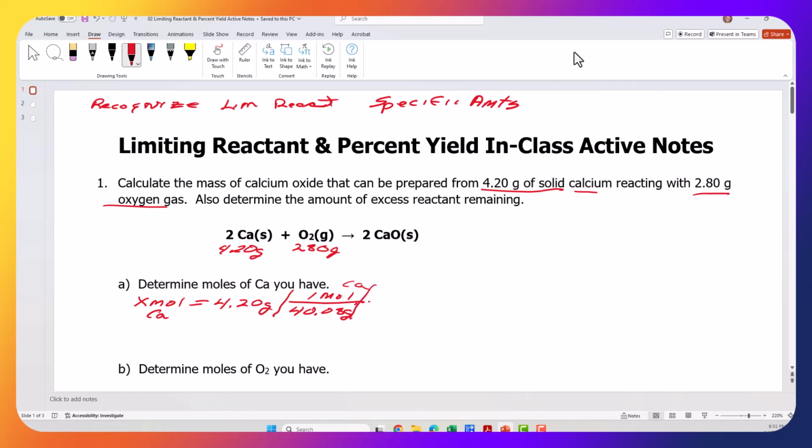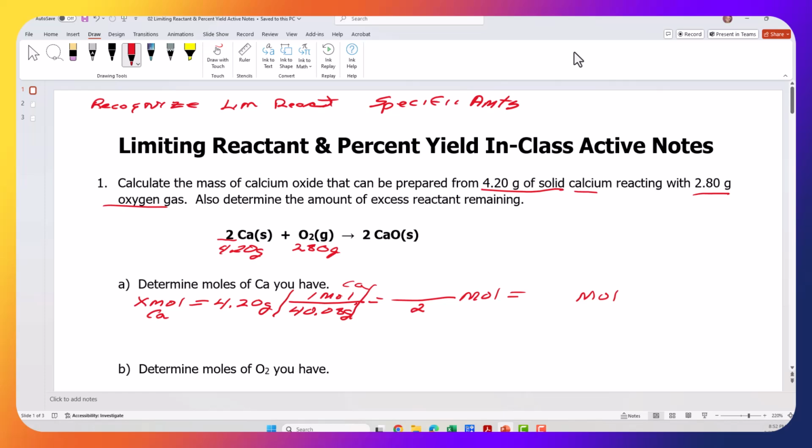When I do that, I'm going to get the number of moles of calcium that I have to work with. But then there is another step to determine which one is the limiting reactant. I need to divide by their respective coefficients. The coefficient of calcium is 2, and so then you're going to get another number. Okay? And so let's go ahead and do that.